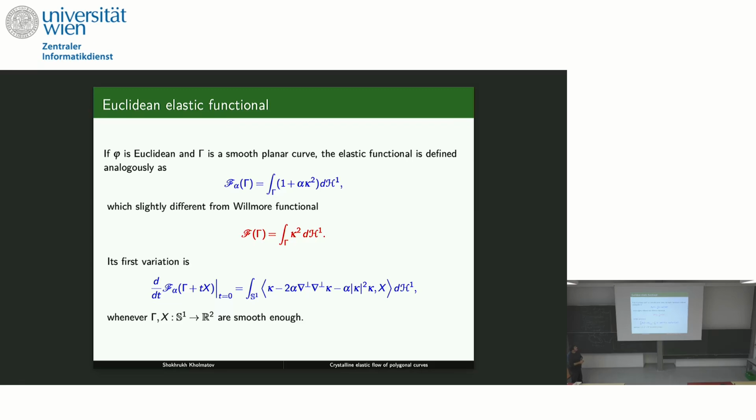And if you compute the first variation of this energy, this k is coming from the 1, from the area, and then there is this terrible term related to the first variation of k squared, the Willmore energy. And accordingly, the gradient flow is defined following this system of PDEs.